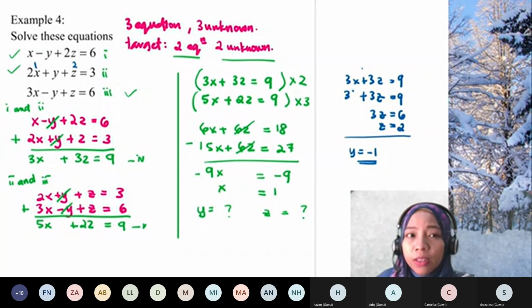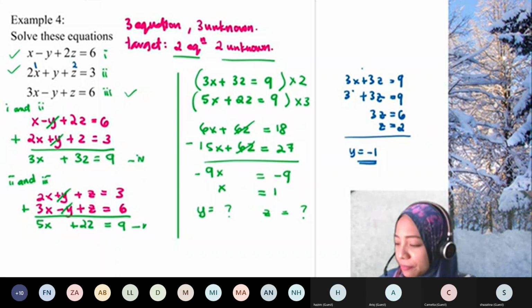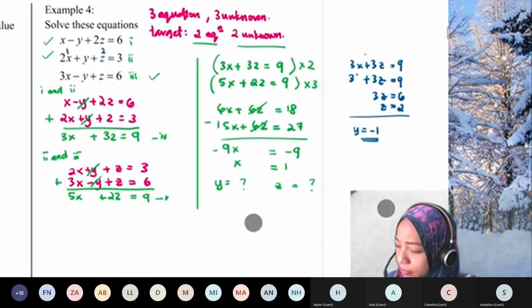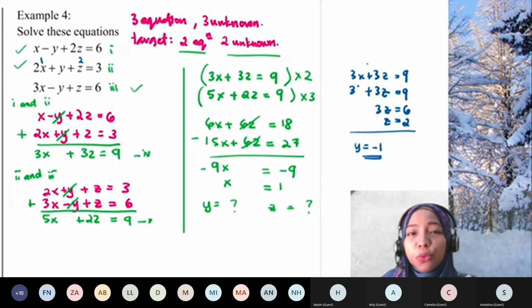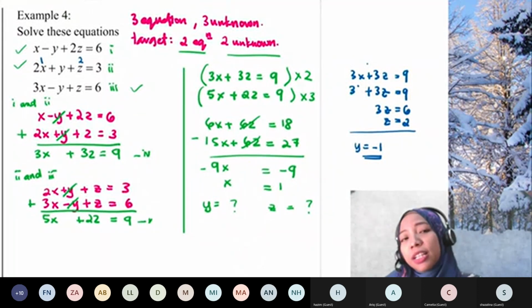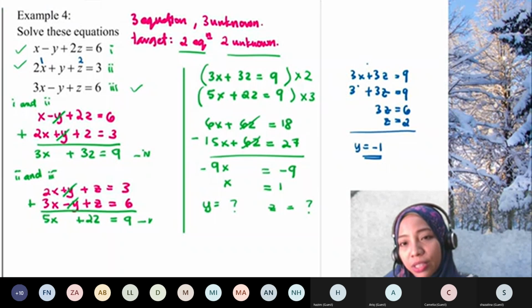If you decide to eliminate y, both equations must have no y. Your fourth equation and fifth equation must be in the same terms. If this is xy, this also has to be xy. Alright. And you can also use a calculator. I give you a task to learn how to get it using the calculator. Whoever is very confident can make a tutorial and share it in the group. Okay?